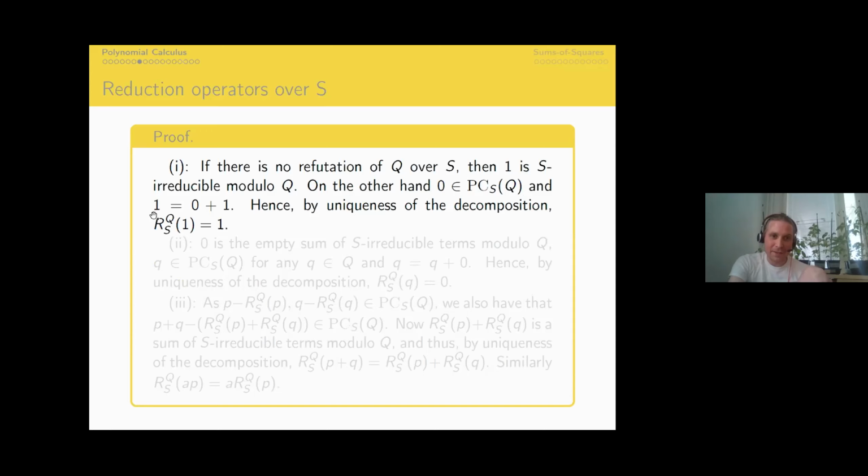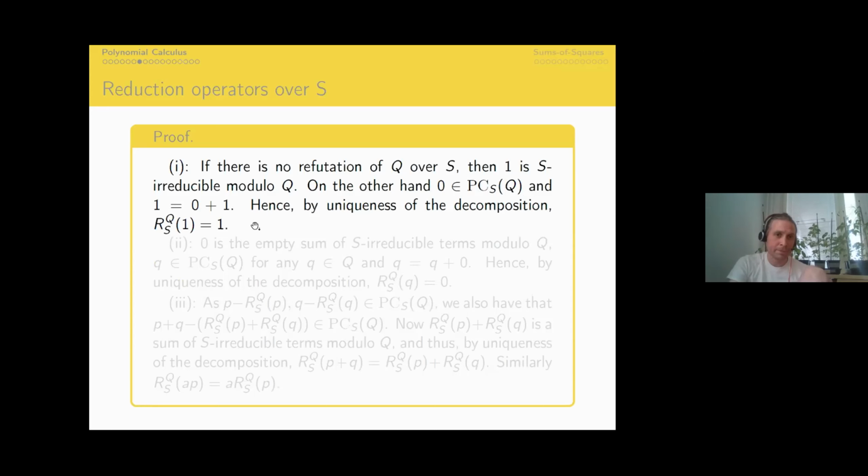And so we have that 1 is equal to 0 plus 1. Well, this is a decomposition of 1 into a provable and irreducible part, hence by the uniqueness of the decomposition we have that it maps 1 to 1.